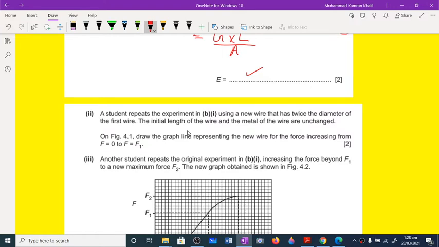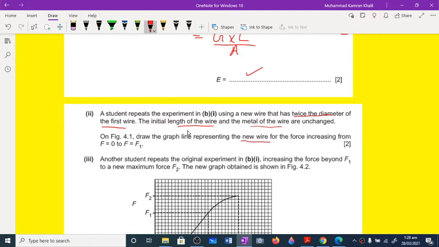The initial length and the metal of the wire are unchanged, so the length is not going to change. Only the diameter changes. On the figure, draw the graph line for the new wire.